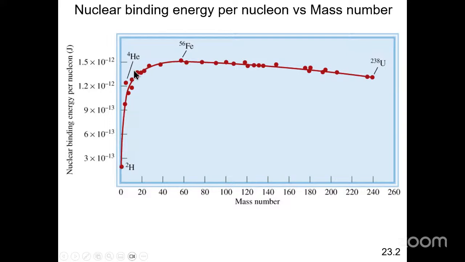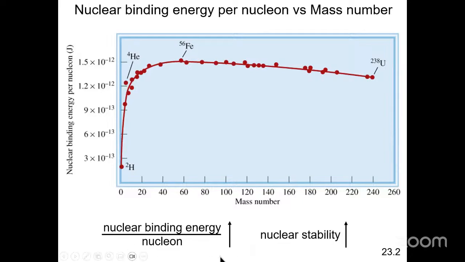From the look of things, the most stable nucleus that exists is the iron-56 nucleus, because it occupies the highest value here, which is about 1.5 times 10 to the minus 12 joules per nucleon. So the greater this value that is calculated, the greater would be the stability of the nucleus, all right?